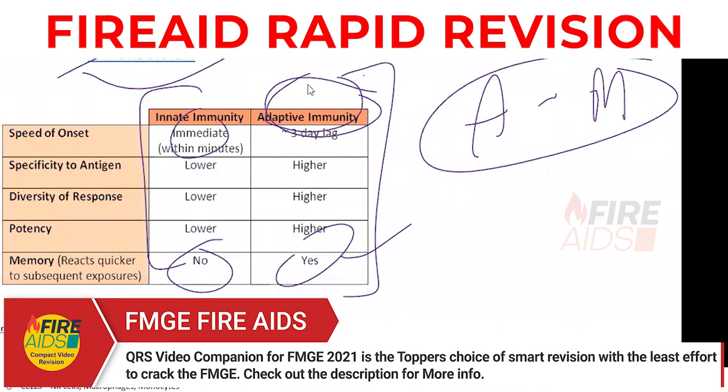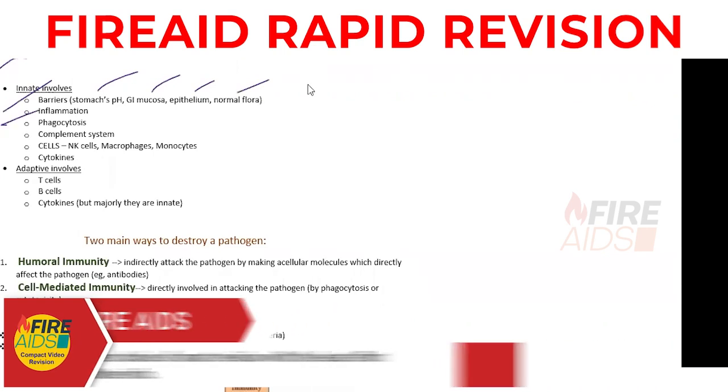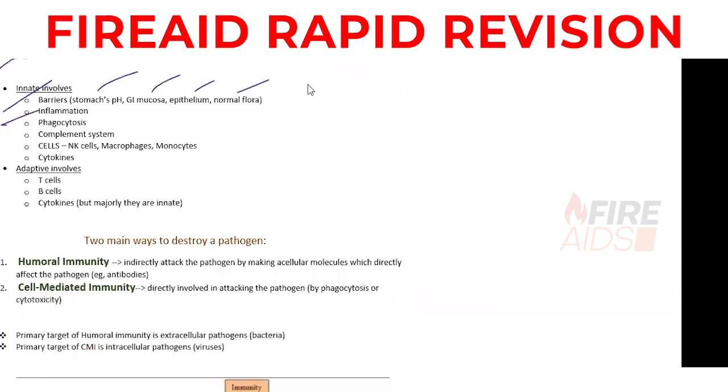Then, yesterday we said innate is of a lot of types. It could be simple barriers like stomach pH, GI mucosa, epithelium, normal flora. It could be the local inflammation process. Phagocytosis by WBCs, our body's complement system, and cells like natural killer cells, macrophages and monocytes are all innate immunity.